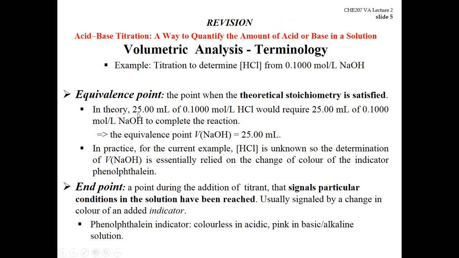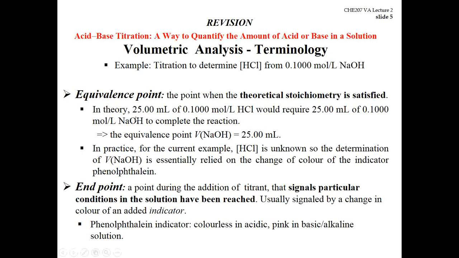There are 2 points of interest in titration. We've heard of equivalence point and endpoint. It is very important that we know the difference between these two. Equivalence point is a theoretical point at which the standard completely reacted with the analyte.